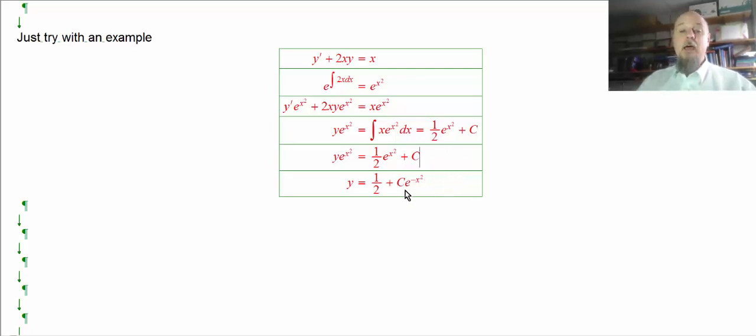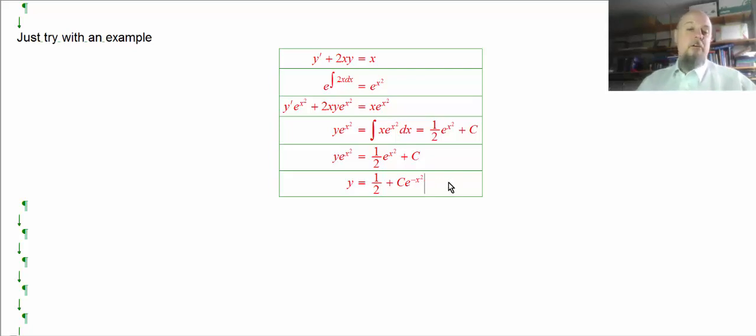Or if I didn't put the c in the right place, so let's say I integrated, solved, got 1/2 for the explicit solution, and then just tacked on a plus c at the very end instead of putting it in the right spot, then I just get 1/2 and then tack on a plus c. I wouldn't get the right answer if I put the c in at the wrong time.